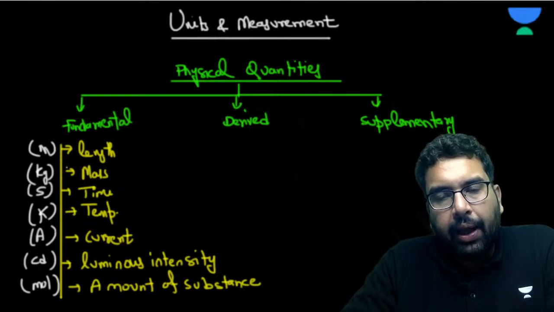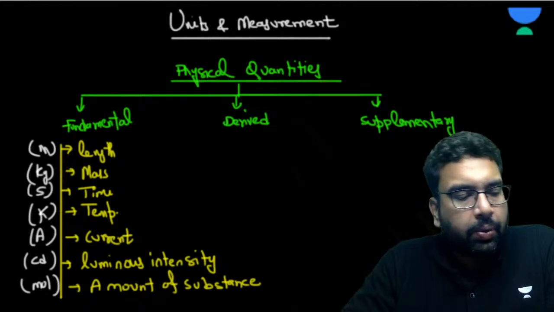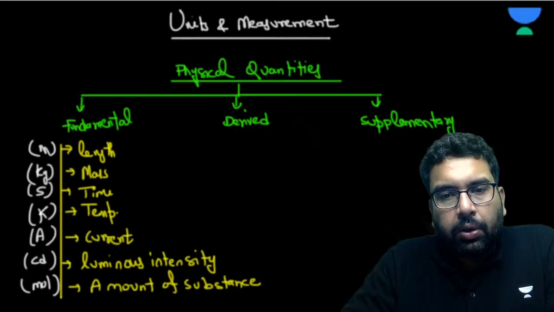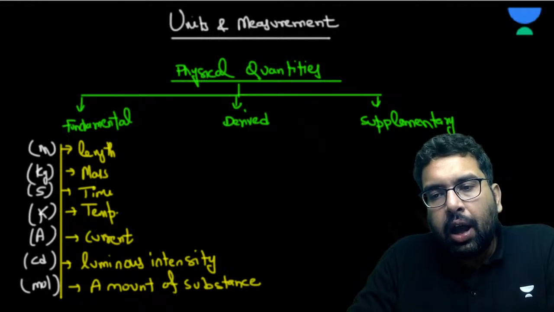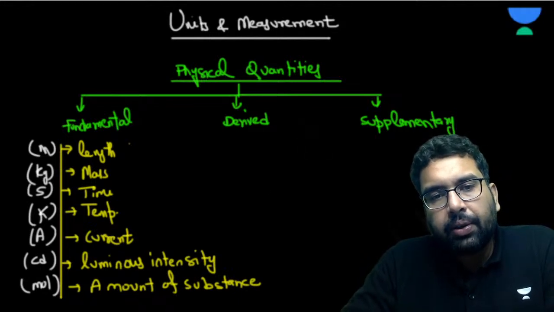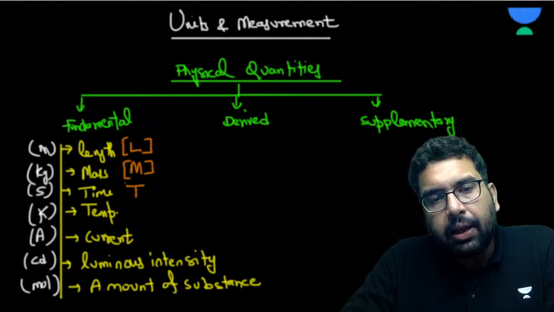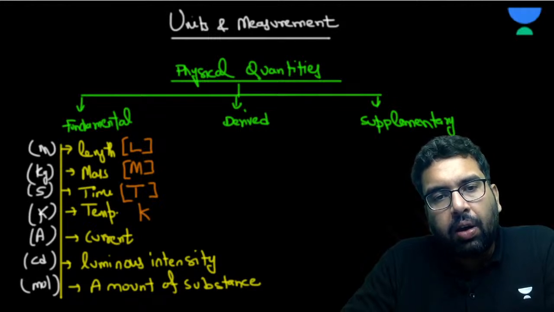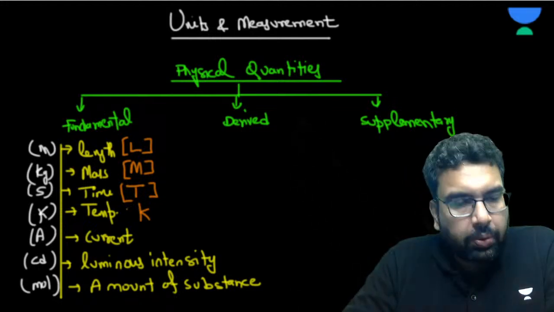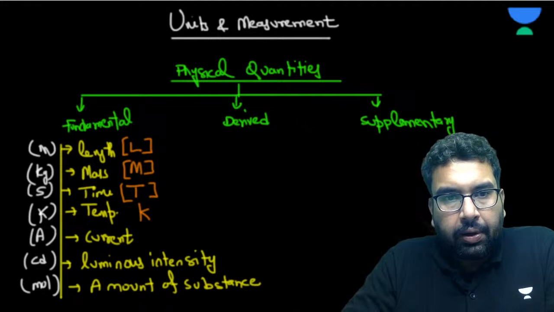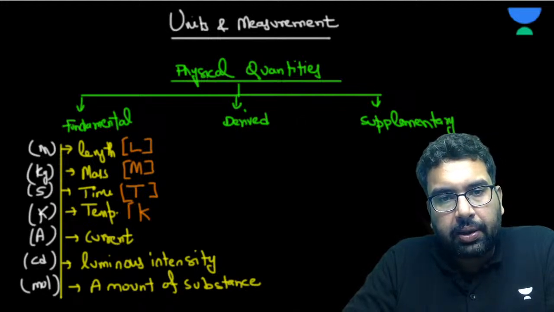We are going to talk about the dimensions also. How do we represent the dimensions? Length is represented as L, mass as M, time as T. For temperature, we cannot use T here, so we use K, or sometimes theta.